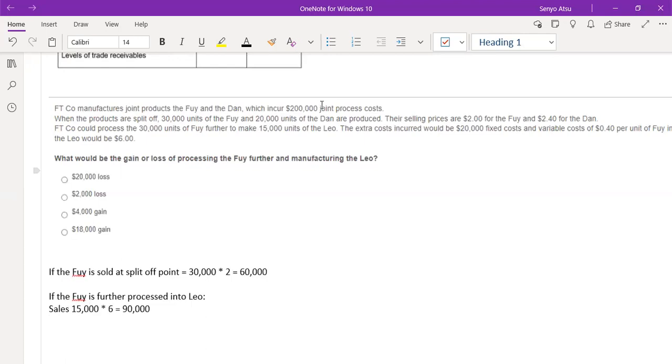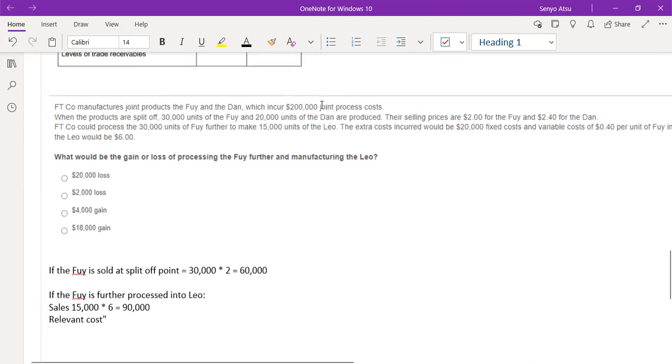So that's the sales you make, but the relevant cost of further processing will be fixed costs. Now, fixed costs are generally not relevant, but here you see the extra cost incurred will be 20,000 fixed cost.